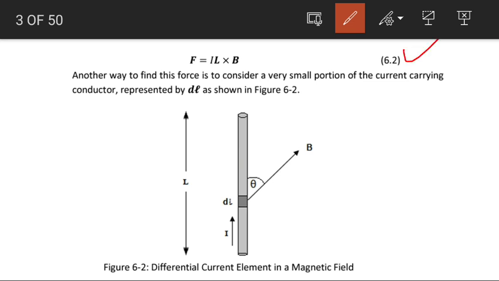There is another way to calculate the force on this current carrying conductor. We consider a very small portion of this conductor which is represented by dl, and we calculate the differential force which is experienced by this small portion of the current carrying conductor.